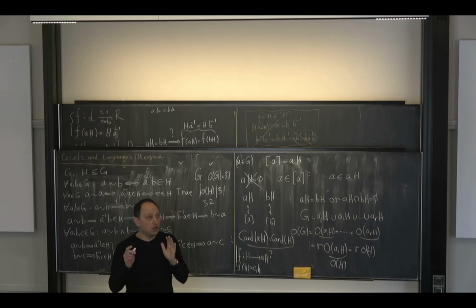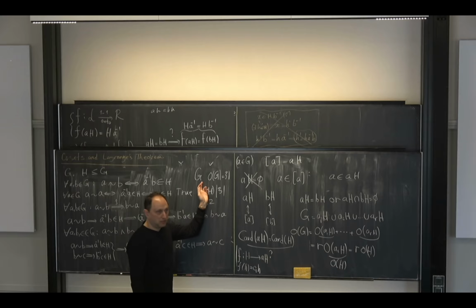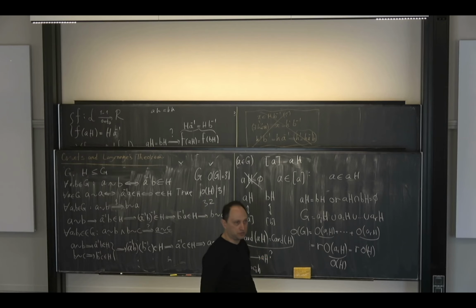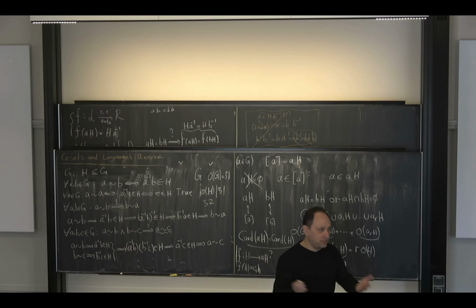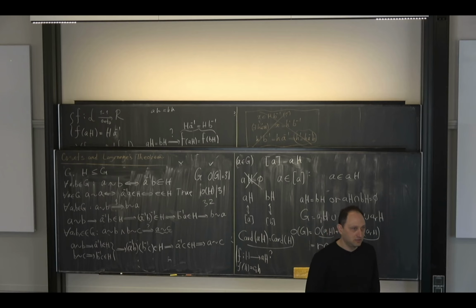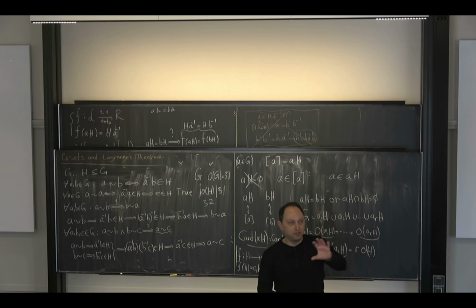But this is no longer true in general. If I give you G of order 32, nothing more, even though 4, 8, 16 are divisors of 32, there is no guarantee there are subgroups of those orders, unless the group is cyclic. So the converse of Lagrange's theorem is not true in general.